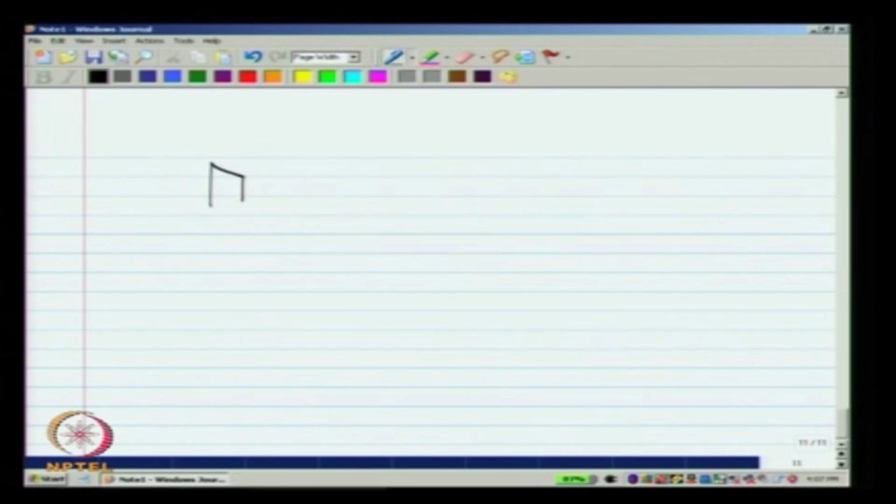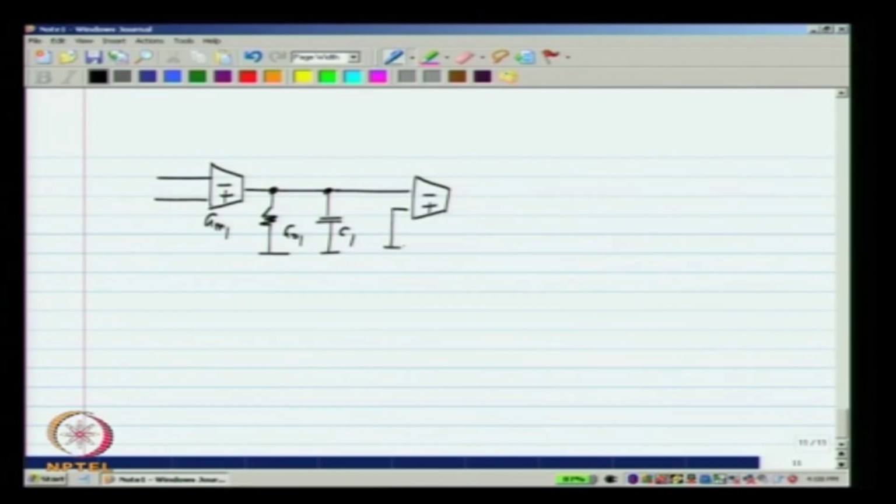So, again let me repeat the op amp that we have: GM1, GO1, C1, GM2, GO2 and CL, and we have C from there to there.